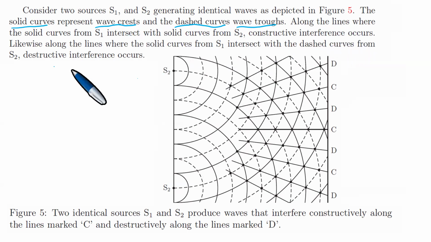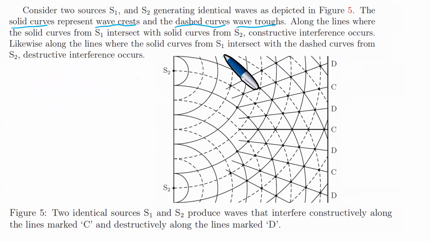Along the lines where the solid curves from S1 interact with the solid lines from S2, constructive interference occurs. Likewise, along the lines where solid curves from S1 intersect with the dashed curves from S2, destructive interference occurs.